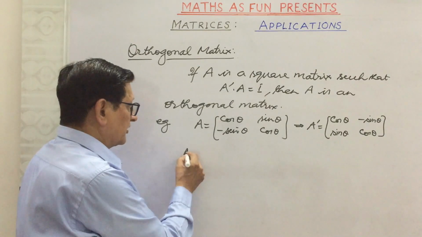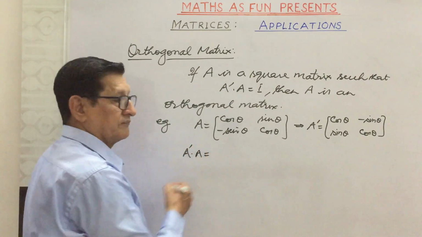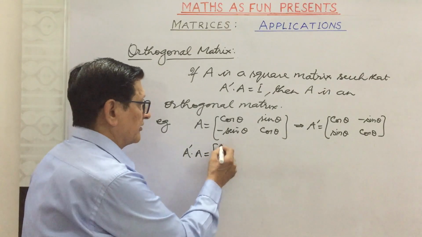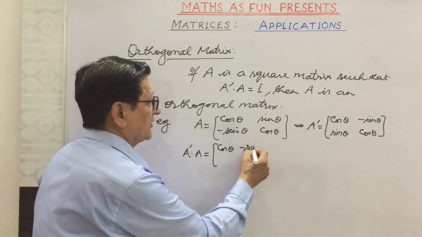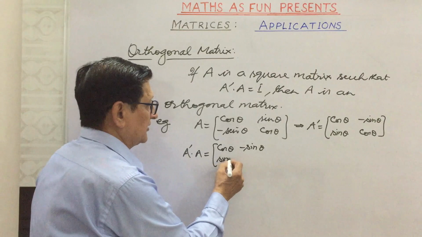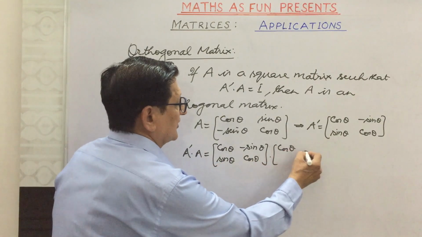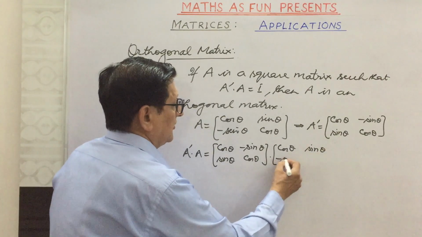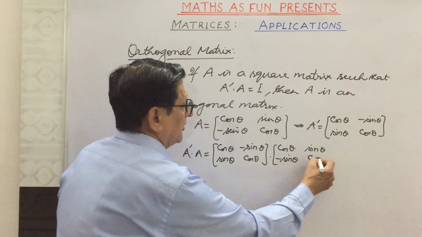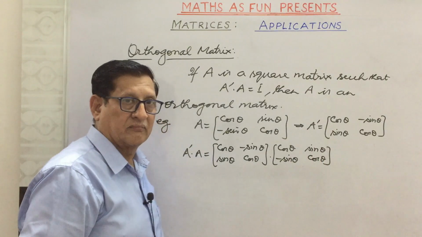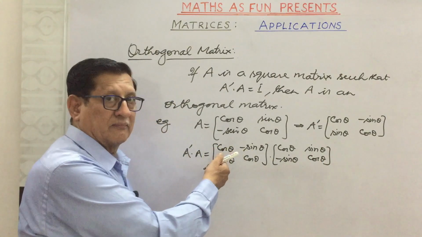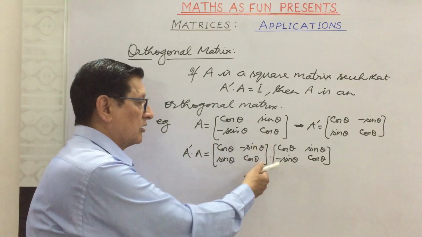If we find the product of A dash and A, then we know how to multiply. We multiply the rows to columns.